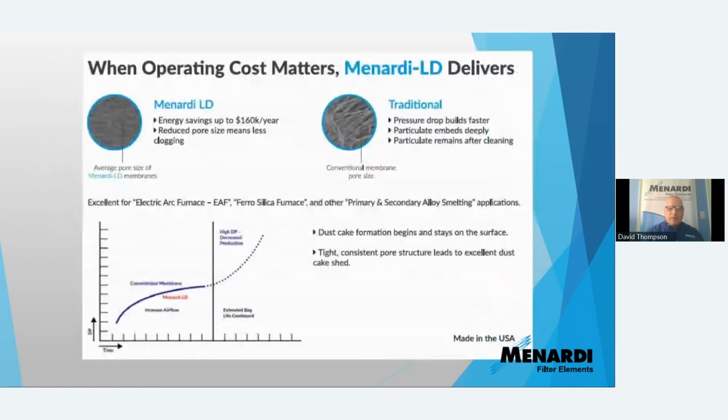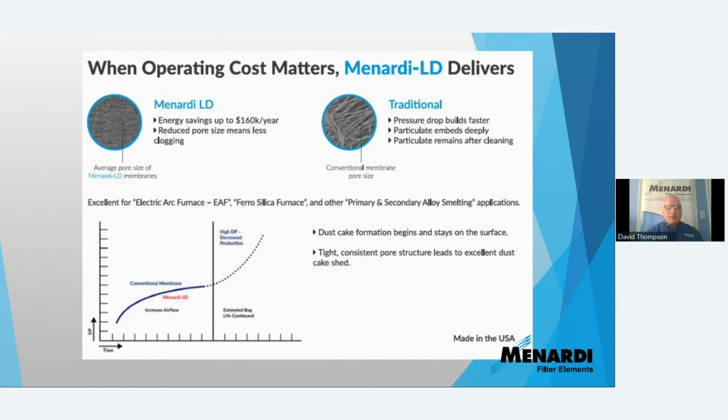If you look at this slide, the photo on the left shows the Menardi LD membrane under microscopic photograph. You can see that the membrane is much more consistent. Because of that consistency, it offers repeatable performance cycle after cycle.